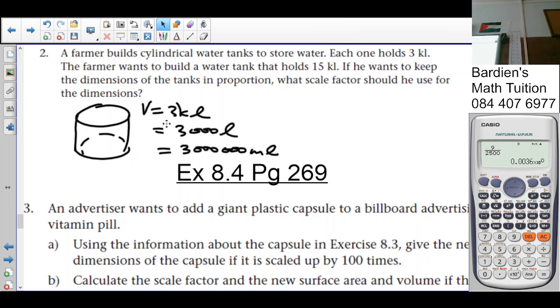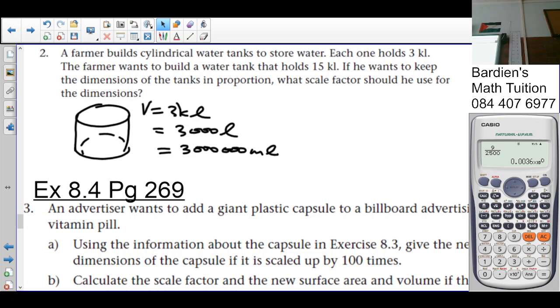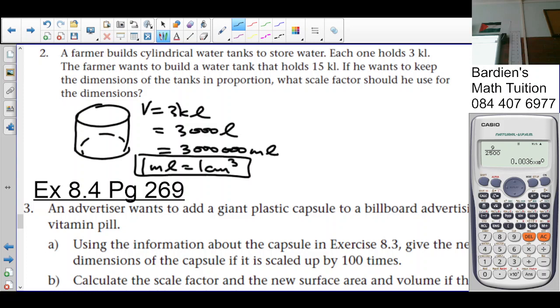But now 1 milliliter is equal to 1 centimeter cubed. And that is the reason why I converted that capacity to milliliters. So when we're working out the volume of a shape, we work it in centimeters, meters, and so on.